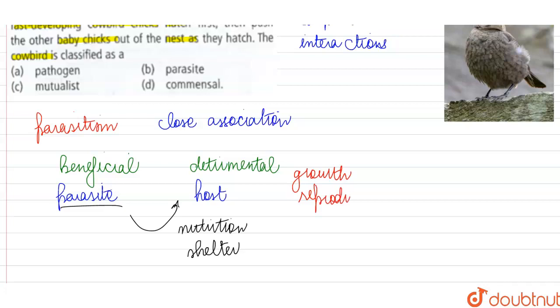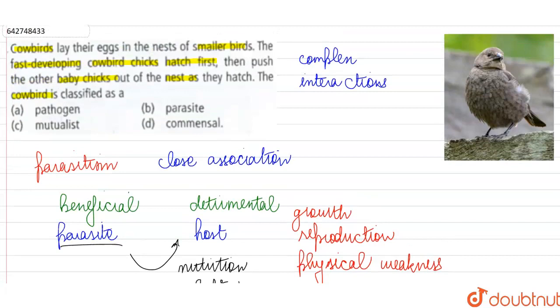It will also not be able to increase its population density at a good rate, and physically such a host will become weak because the parasite is stealing nutrition. In the case of the cowbird, we have a similar scenario where the parasite is benefiting and the host is getting harmed.